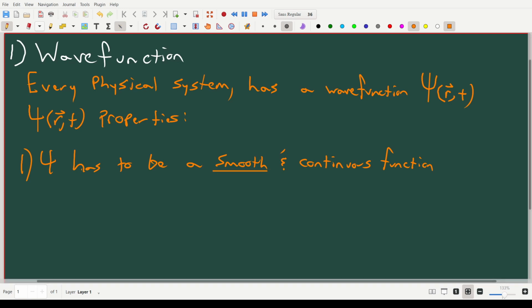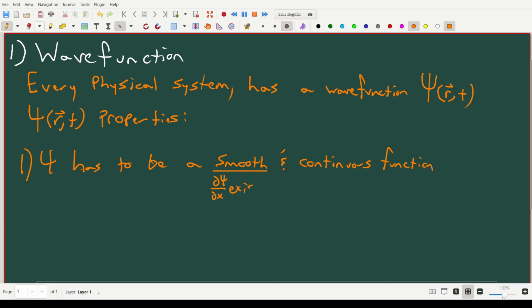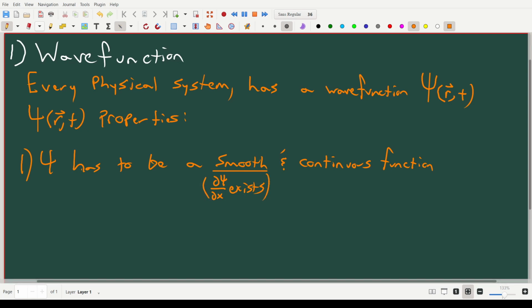What this means is that the derivative of psi with respect to x exists. Actually, all of its derivatives exist: the first, the second, the third, the fourth, and so on, but we don't have to worry about that so much. It's just a smooth function, so it can't be like a step function. It has to integrate, and it has to have a derivative.